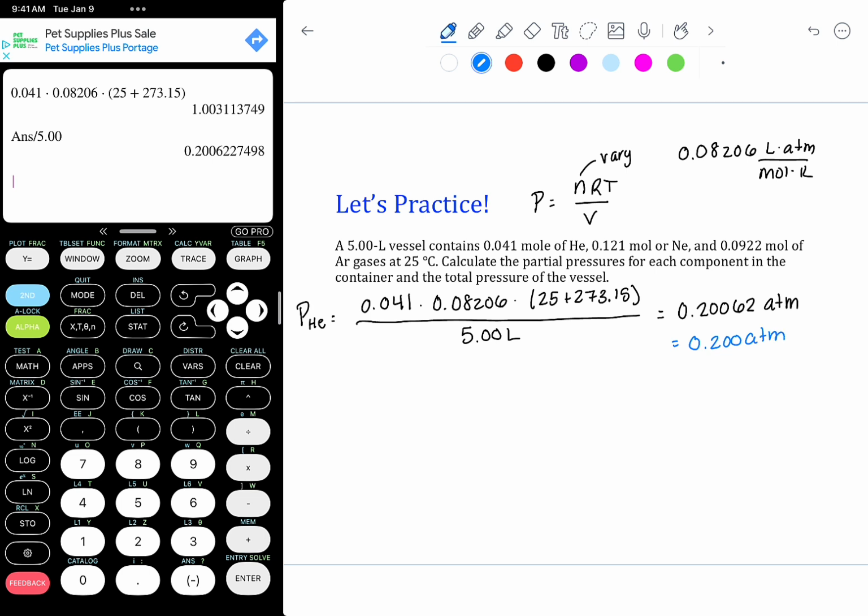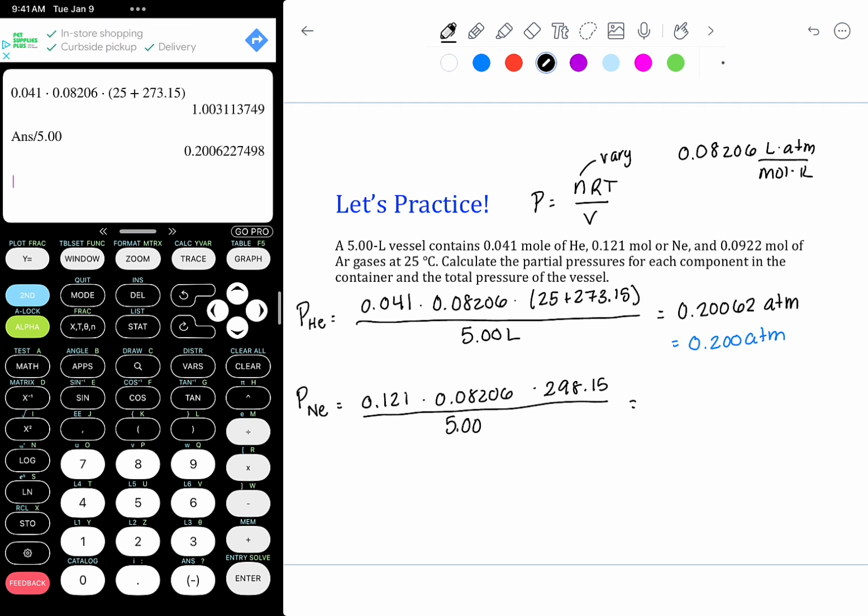Okay, so then we have the pressure of neon. So it's the same setup, except now we're going to swap out 0.041 for 0.121. But the R is the same, and the T is the same. 25 plus 273 is 298, and the volume is the same.